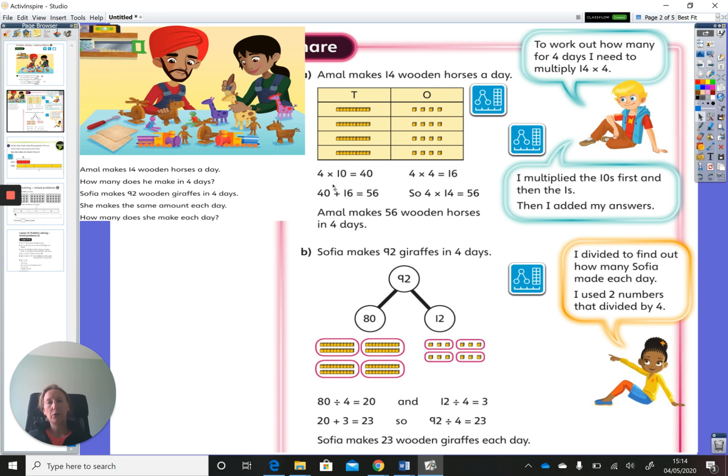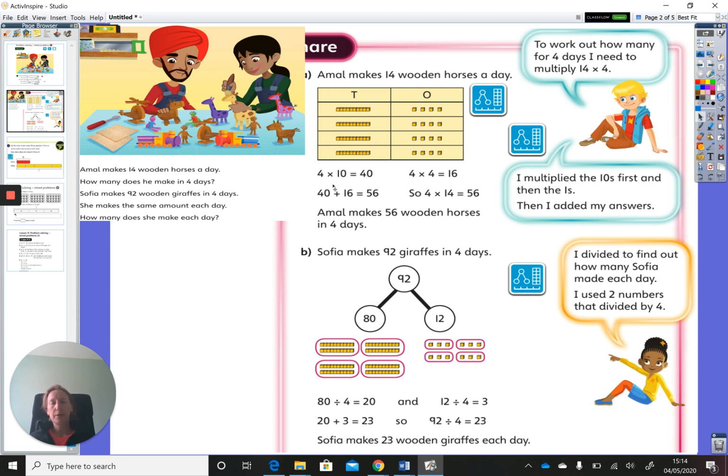If you were timesing your 10s first, you'd say to yourself, 4 times 10 is 40, and then 4 times 4 is 16. Of course, you have to add those two numbers together. So 40 plus 16 equals 56. So Amal makes 56 wooden horses in 4 days.